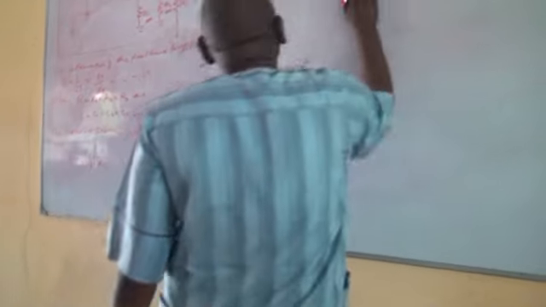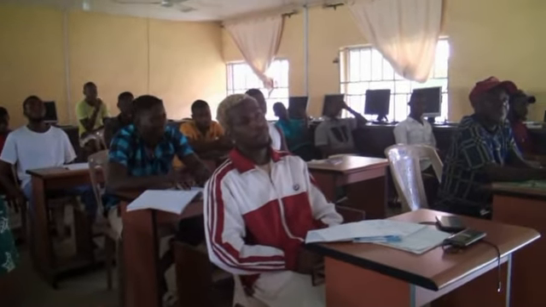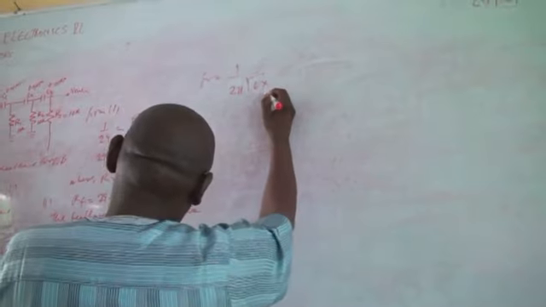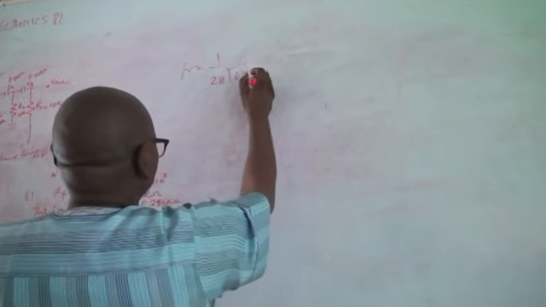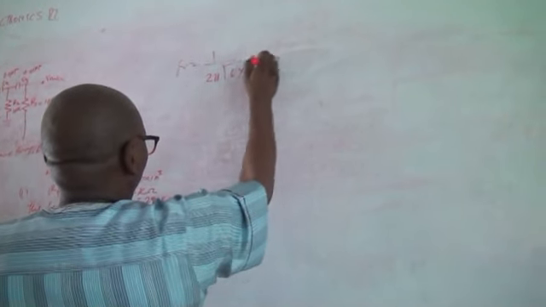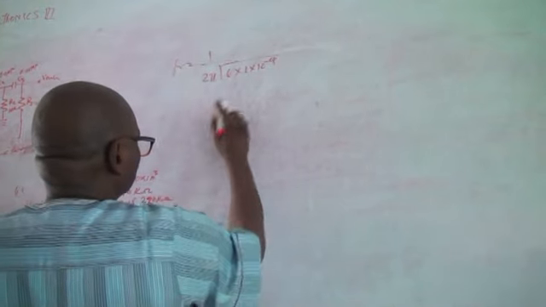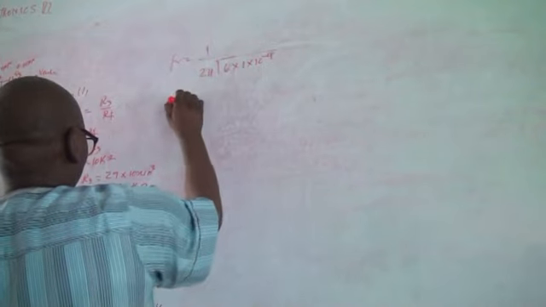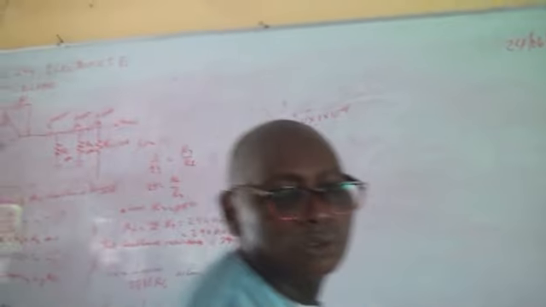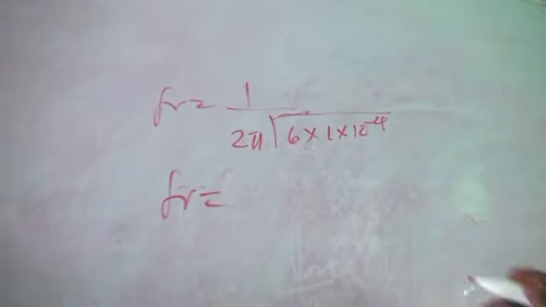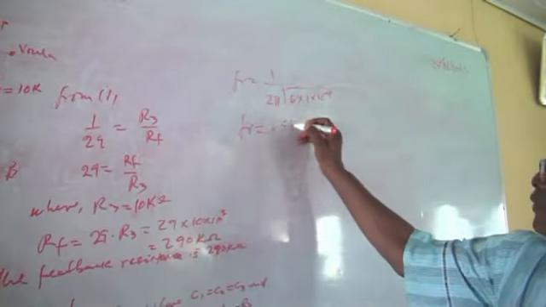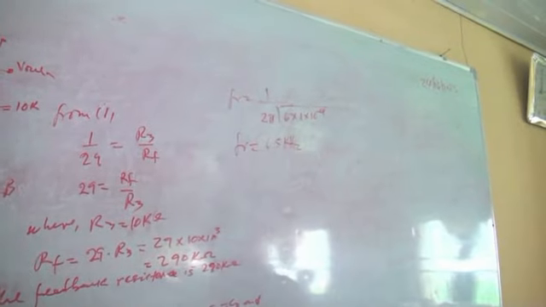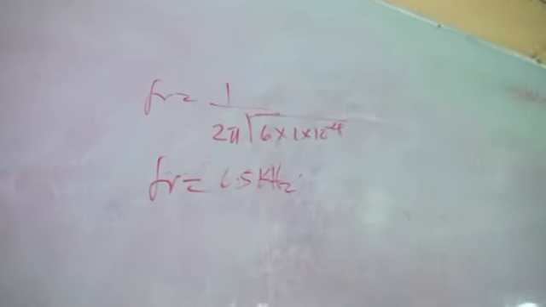So when that happens, you have FR equals 1 over 2 pi square root of 6 times 1 times 10 raised to minus 4. So you have to get the square root of this number. And if you do that, the result you are going to get will be 6.5 kilohertz. That will be the solution to the problem.